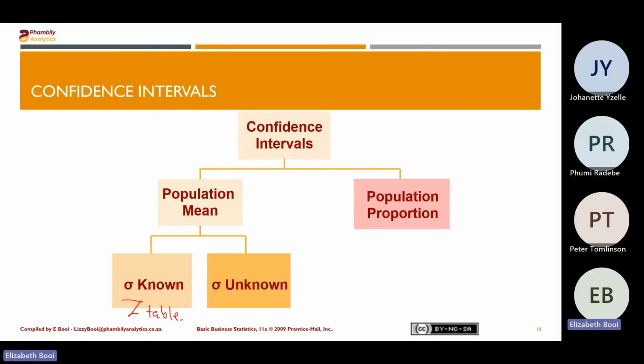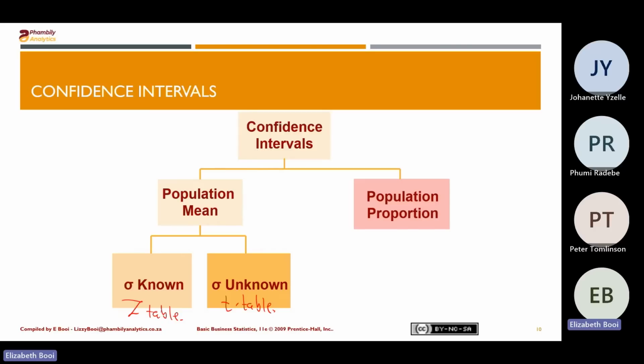If the answer is no, then the question is, did they give you a sample standard deviation? Then we're going to go into the T table. So those are the things that you're going to ask yourself.